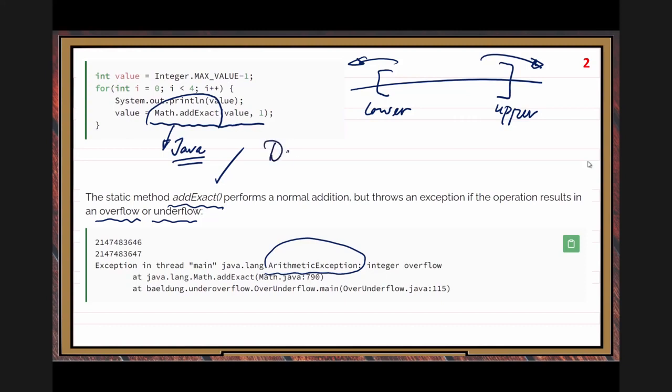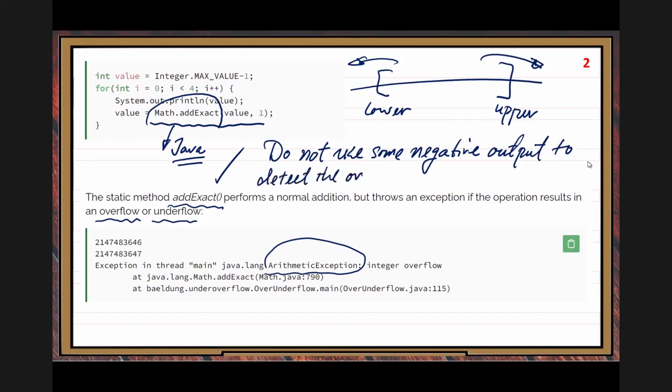So do not use some negative output to detect the overflow, because this method is not reliable.